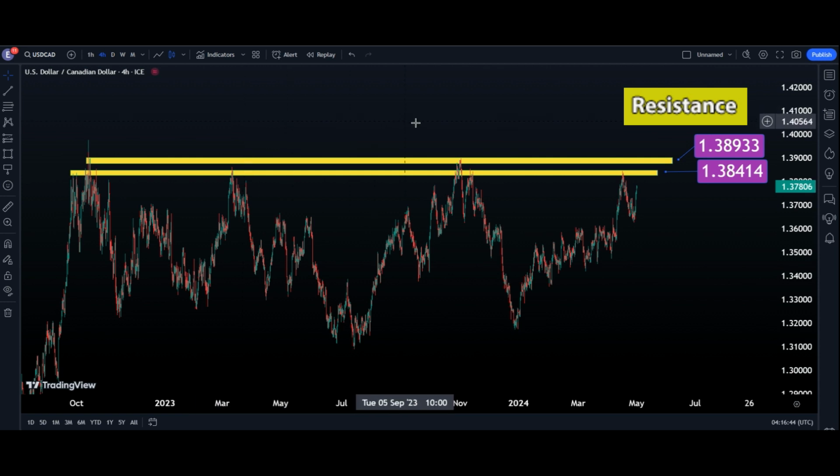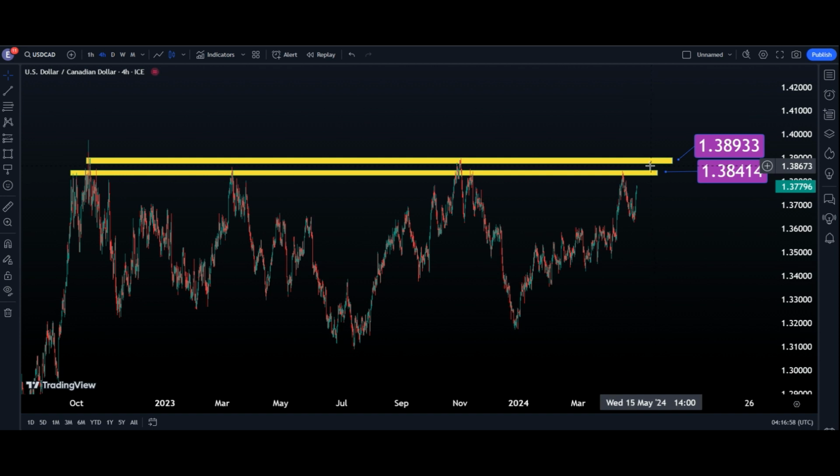So I suggest you wait until here to sell, and don't sell before the market touches this area, this resistance area.